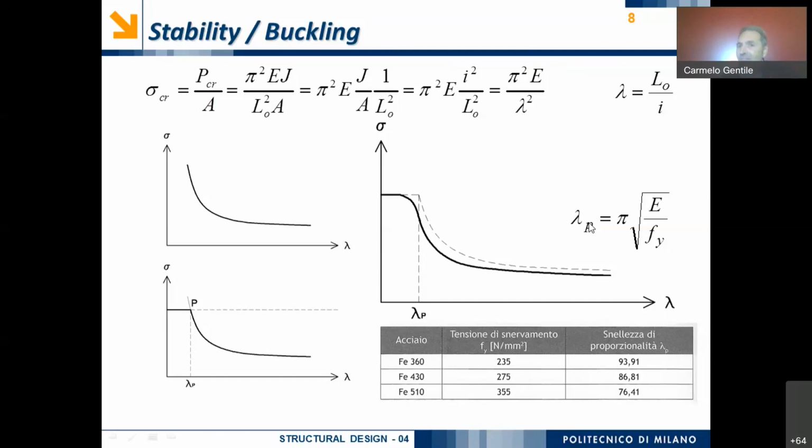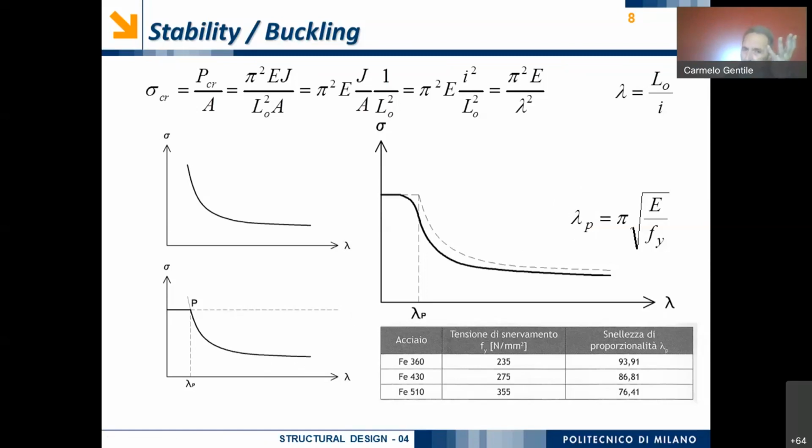When the slenderness of the column is larger than the slenderness of proportionality, we know that we need to make a stability verification. When the value of the slenderness is lower than the slenderness of proportionality, we know that it is possible to perform a strength verification.